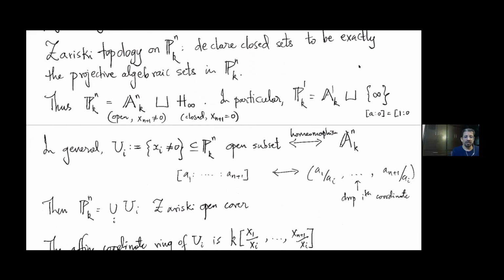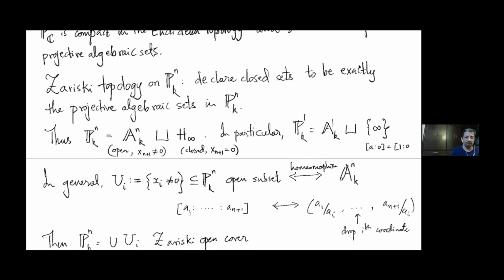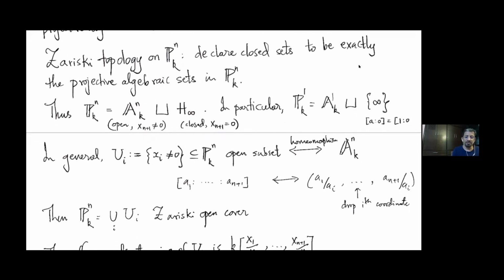So the Zariski topology on P^n K, again, we are coming back to this more pathological topology, not the classical topology, not the Euclidean topology. So the Zariski topology on P^n K is again defined as before. Declare all your closed sets to be exactly the projective algebraic sets, the zero loci of a bunch of polynomials.